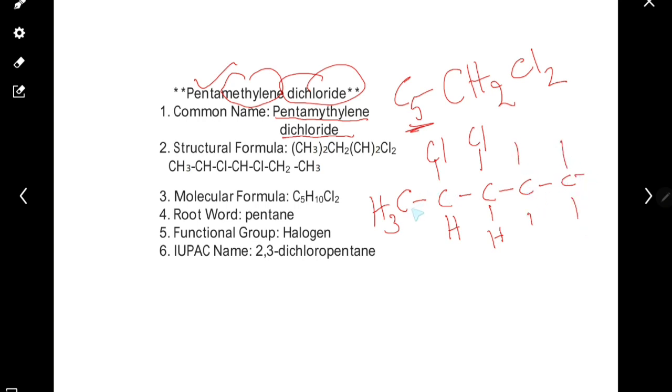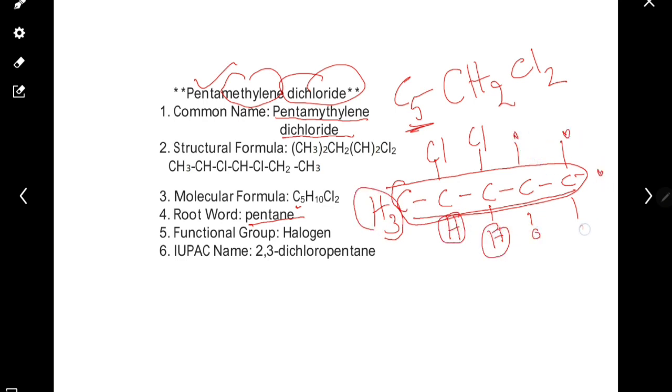The first rule is identifying the longest chain. The longest chain of carbon has 5 carbon atoms, so the root word is pentan. How many hydrogen atoms are there? 3, 4, 5, 6, 7, 8, 9 and 10, and there are 2 chlorine atoms.